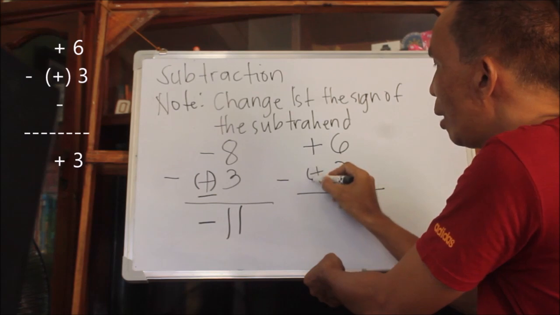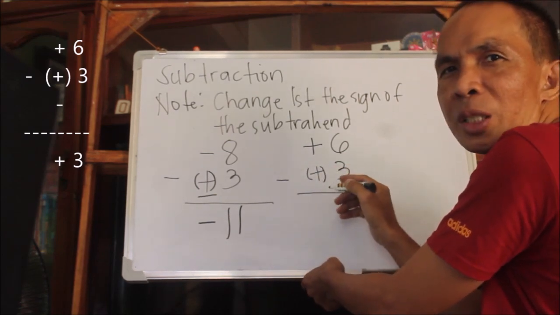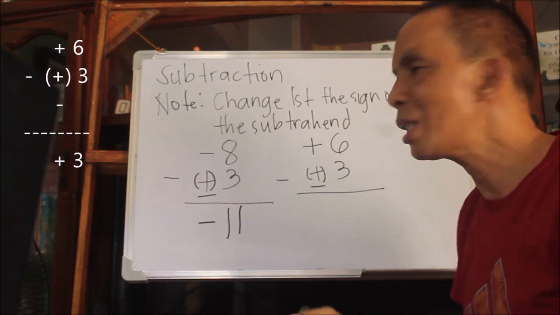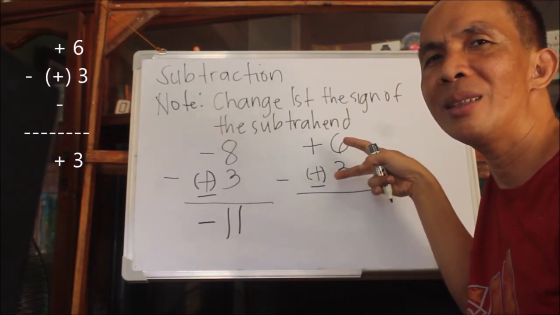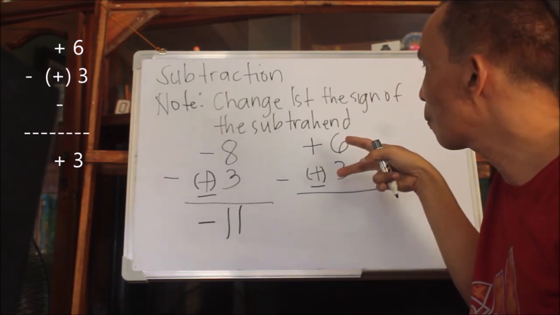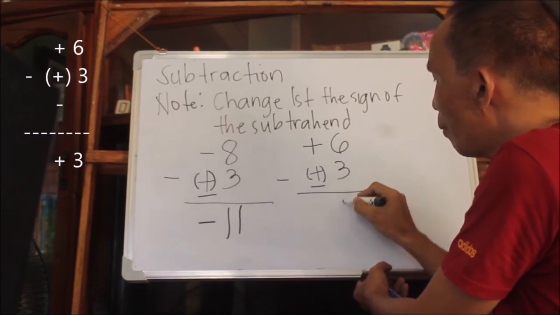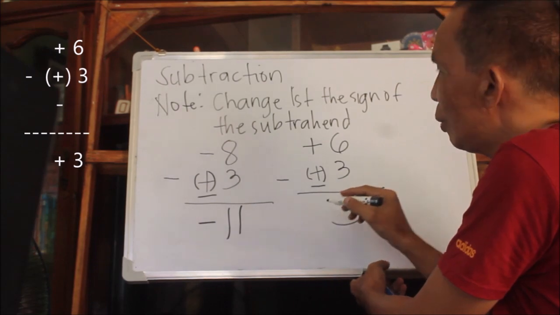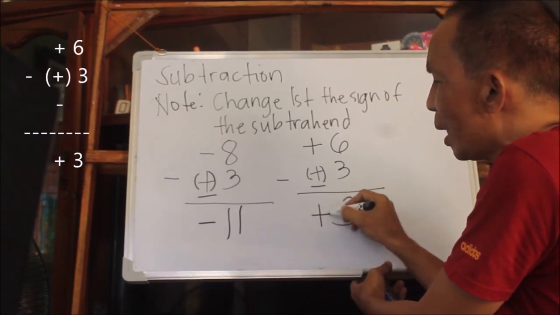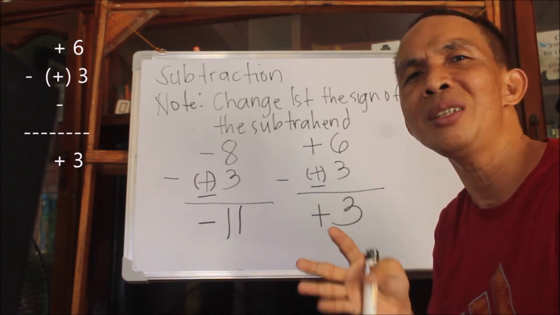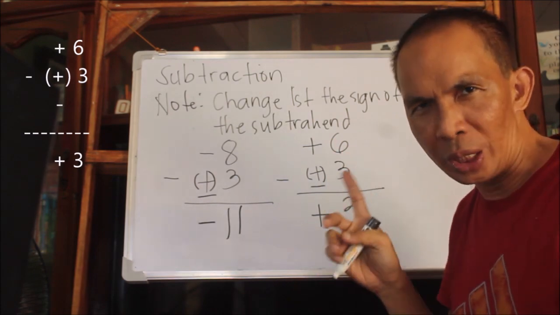Change the sign of the subtrahend, which is positive. So positive becomes negative. This time, we have now unlike signs. So we're going to subtract. We have 6 minus 3, we have 3, and we're going to use the positive sign because positive is the sign of the higher valued number, which is 6.